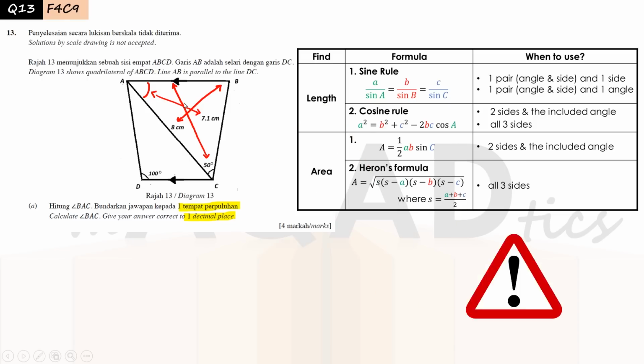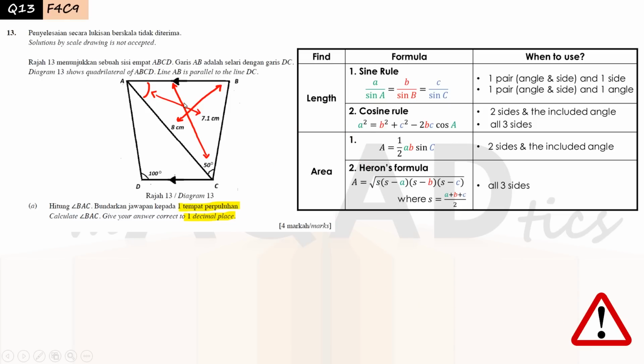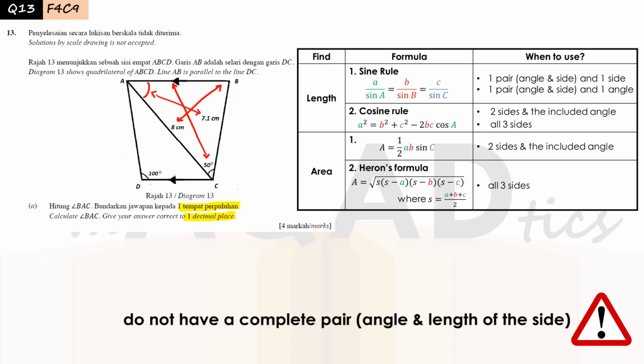So if you see, for all the pairs we have now, either they are missing the angle or the length of the side. Right? So it will be a bit hard for us to use the sine rule at the moment. To find this angle BAC, what we need is a pair that has the angle and also the length of the side.